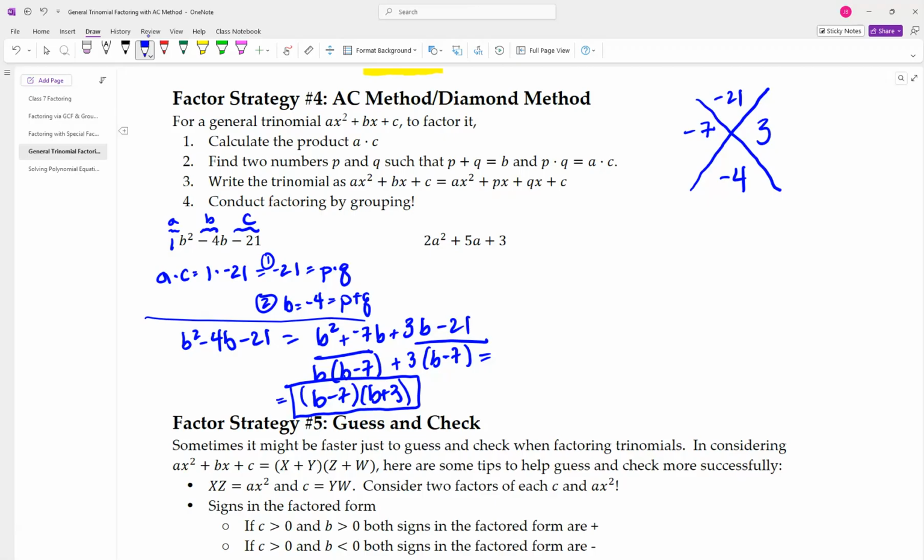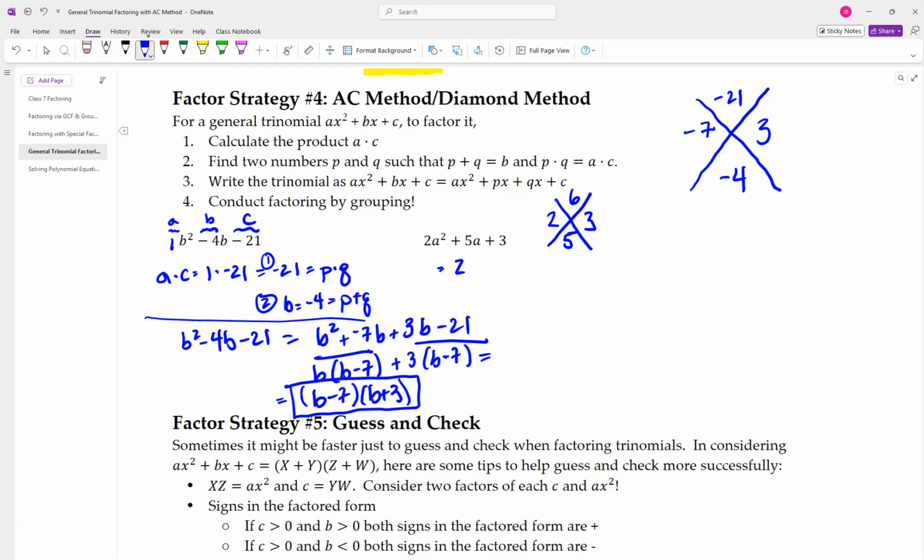All right, so let's try it with this other example here. So again, if you want to do a cross, you sure can. And here we'd have to multiply to, let's see, that'd be 2 times 3, so that'd be 6, add to 5, right? And I think this would be a 2 and a 3. 2 and 3 multiply to 6, add to 5.